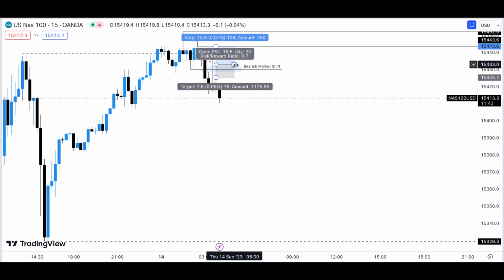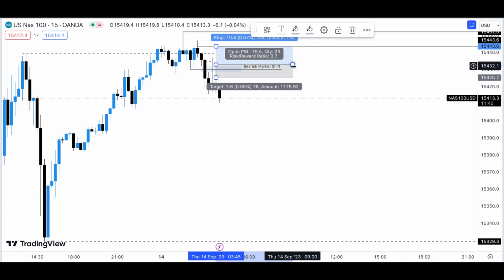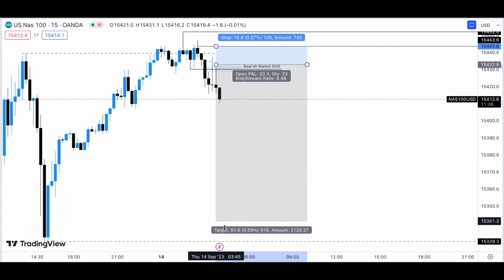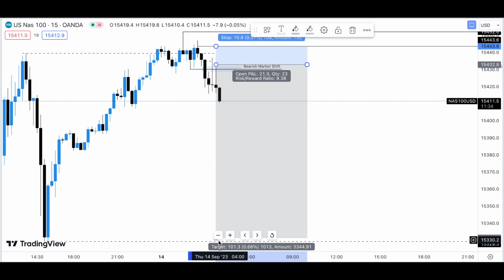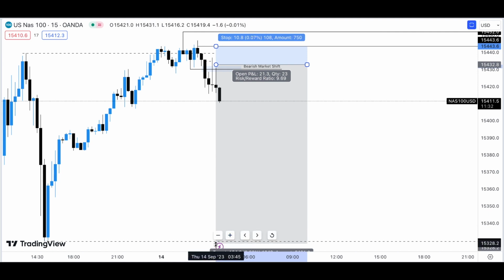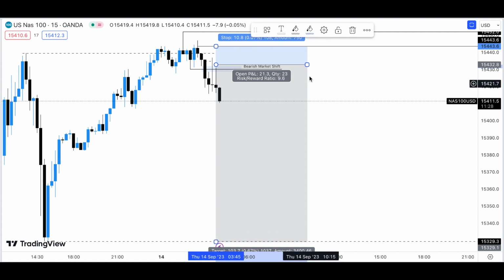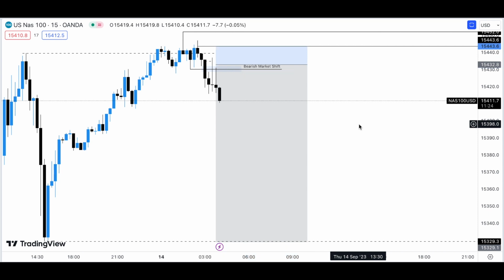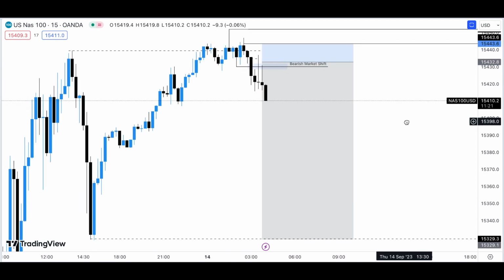You want to have something like this on your charts. Yeah, if you ask me, okay, where do you want to actually get this trade? I'll be telling you, you want to have something like this on your charts and just put your take profit below the low, and this is how you get a 1:9 trade. You understand? This 1:9.6 to be exact.